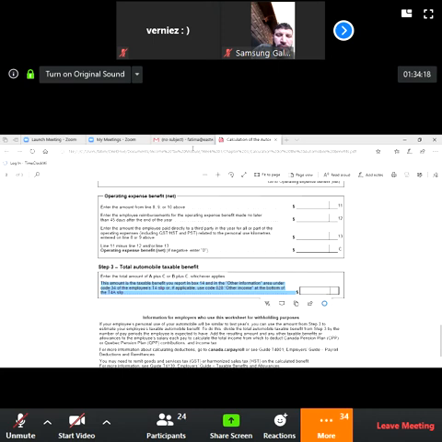Other taxable benefits include board and lodging. Suppose an employer gives an employee board and lodging, which means that he provides accommodation and in some cases food as well. If you provide free lodging or free boarding and lodging, the employee receives a taxable benefit.